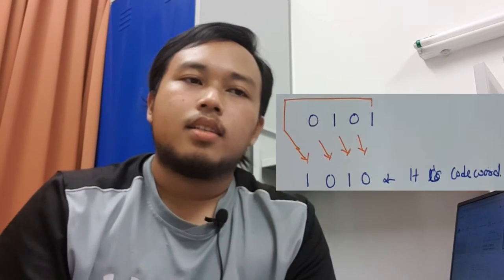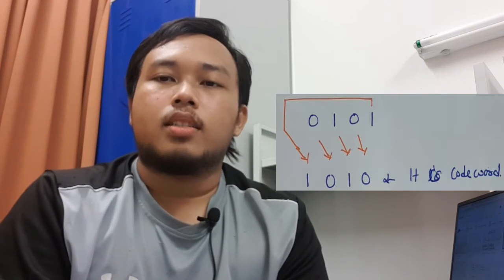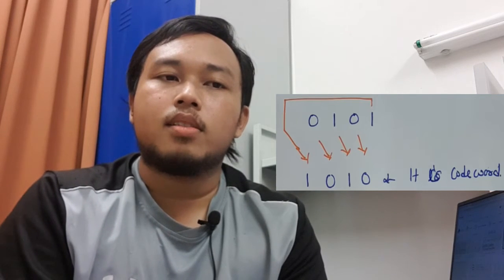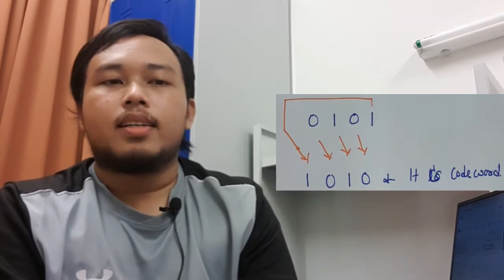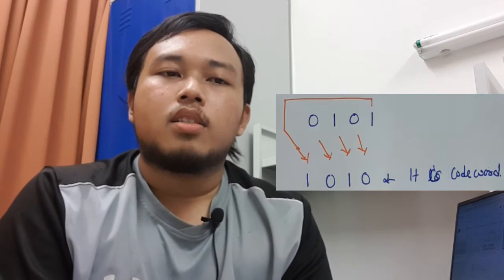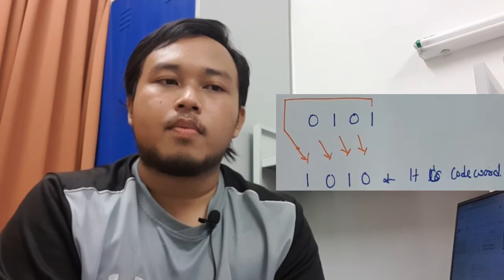Okay, for the shifting property, as you can see here, we take 0101, and when it shifts, it will be 1010, and yes, we have 1010 in the set, so it is declared as a code word.